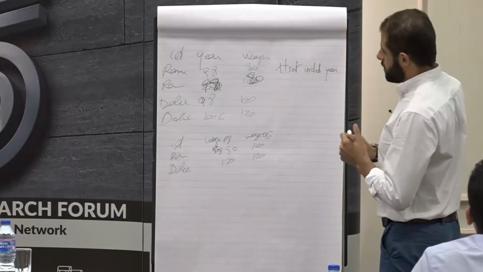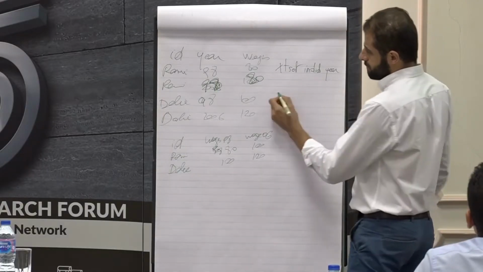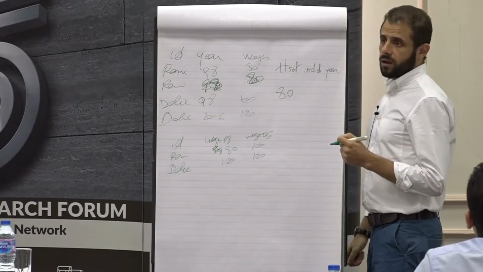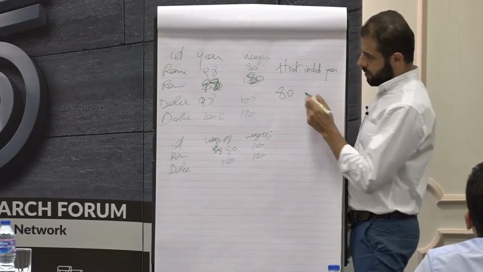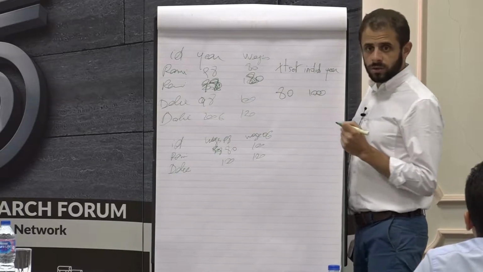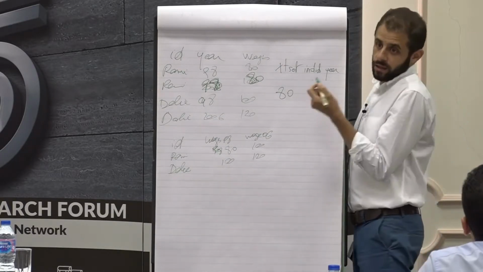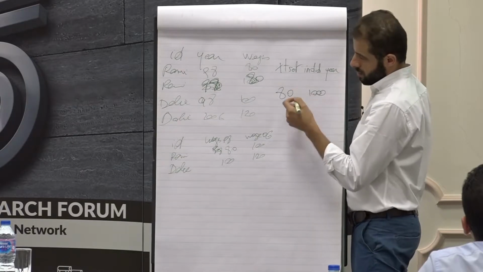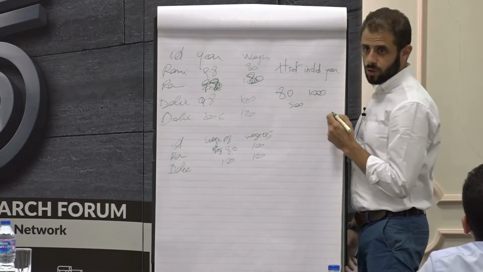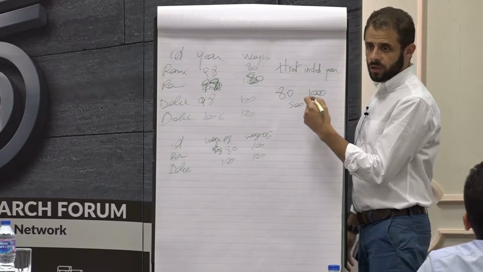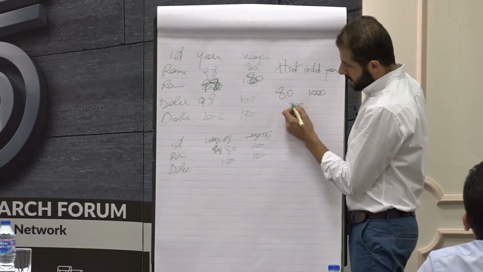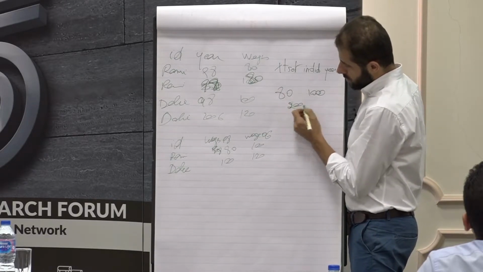So let's take again this example, that Rami's wage is 80 and Marie's wage is 1,000. And let's add a third one, which is 500, for instance. Or let's make it even lower, 200.